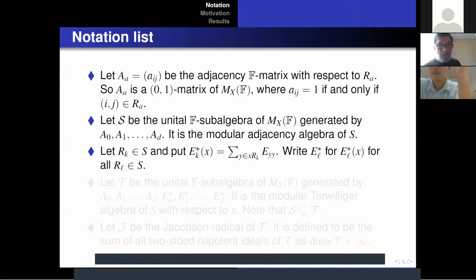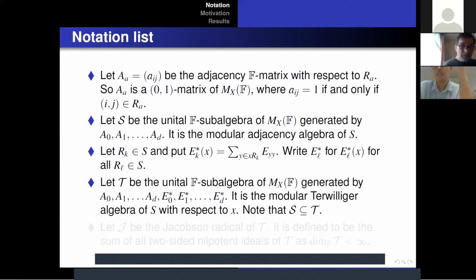Let Rk be a relation of S, and we put Ek star x, which is the sum of all Eyy, where y belongs to xRk. Fix the point x, so we can write El star for El star x for all Rl belonging to S. Let T be the unital F subalgebra of MX(F) generated by A0, A1 to Ad and E0 star, E1 star to Ed star.